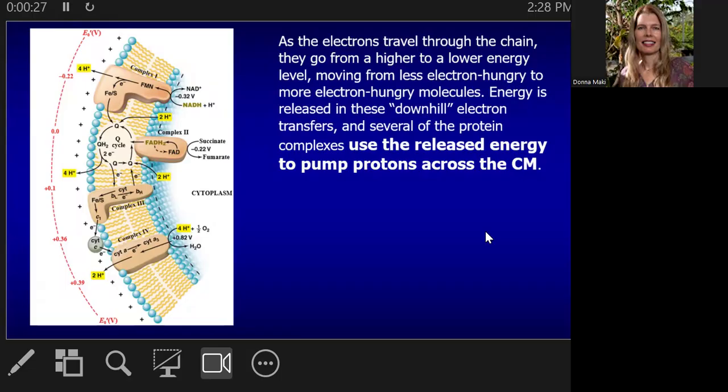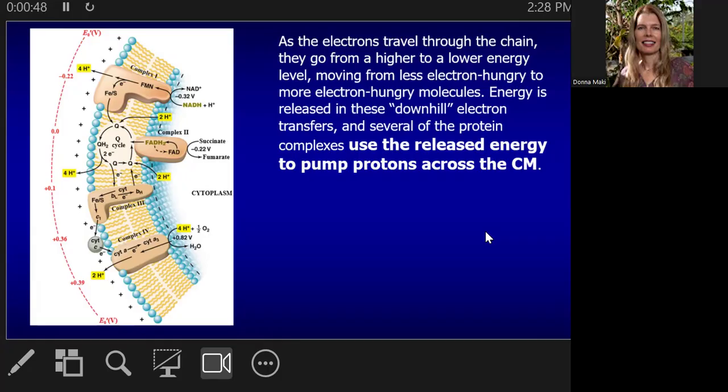So they're moving from less electron hungry to more electron hungry. Oxygen is very, very hungry to get those electrons, whereas NADH and FADH2 are like, I love giving off electrons. Think about Tinkerbell sprinkling that dust everywhere.